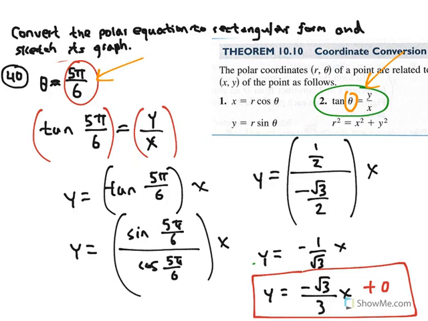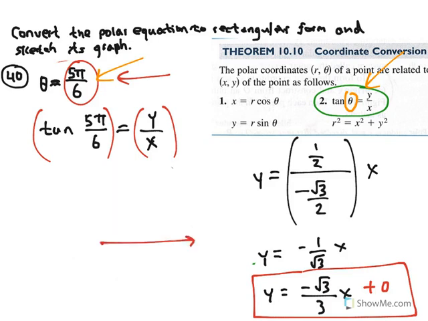It's actually pretty easy to graph this in either polar form or rectangular form. I prefer the polar form. I think it's a little bit easier. So let's go ahead and look at the graph of this polar equation. Here we have the pole and the polar axis, and we begin by determining the angle given by the polar equation.